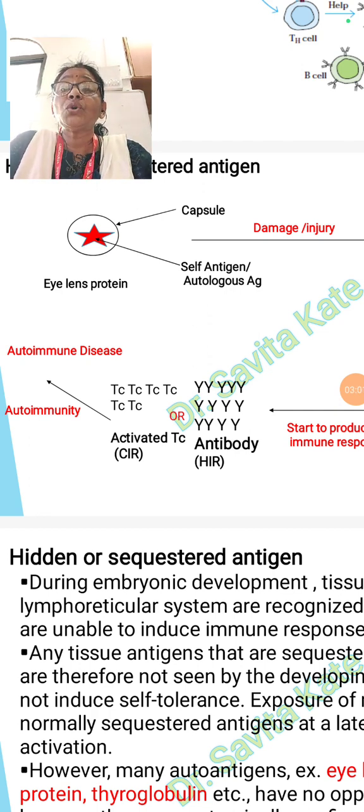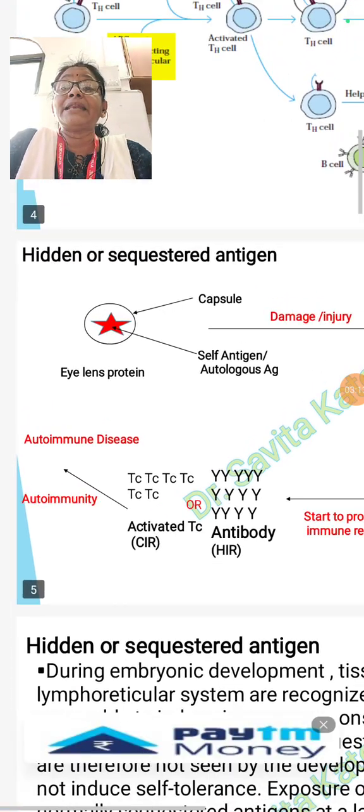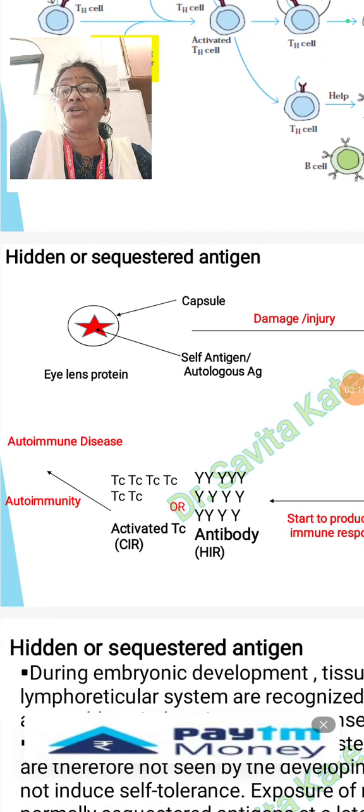Is it clear? So this is the mechanism by which our immunocompetent cells produce an immune response that we refer to as autoimmunity against the cell protein. With cell protein, the main mechanism is the hidden and sequestered nature of antigen.